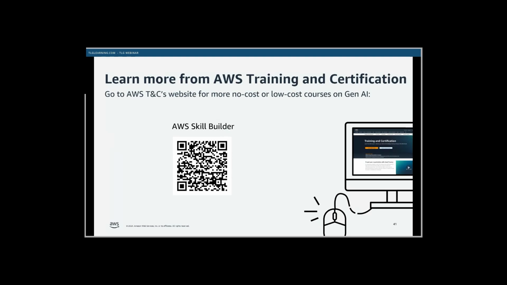You can investigate that at AWS's training and certification website. Skill Builder has a lot of information, a lot of courses, much of it free, but there's also a subscription side to Skill Builder to unlock additional content.